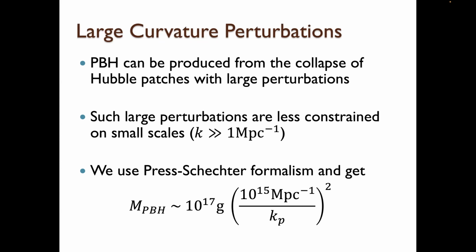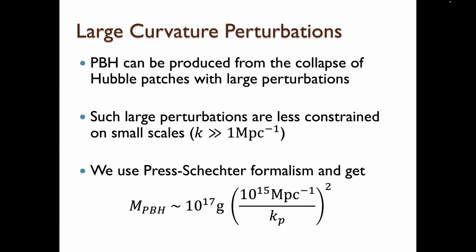In the early universe, we can think of very large curvature perturbations or density perturbations. Then a whole Hubble patch can have a density contrast larger than the critical density, and with these large perturbations the whole Hubble patch can collapse into a single black hole. This depends on the k mode.